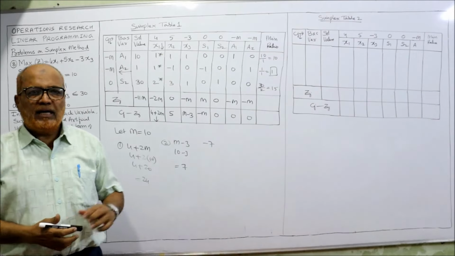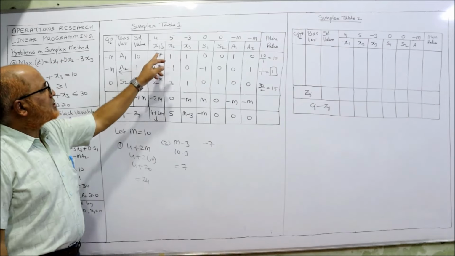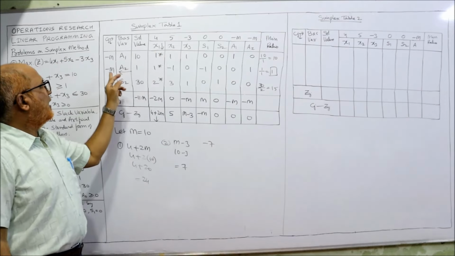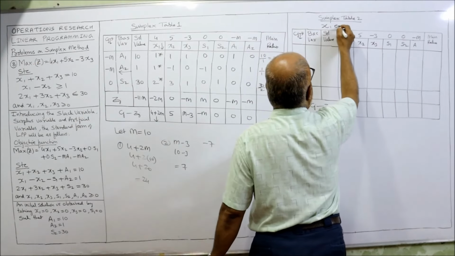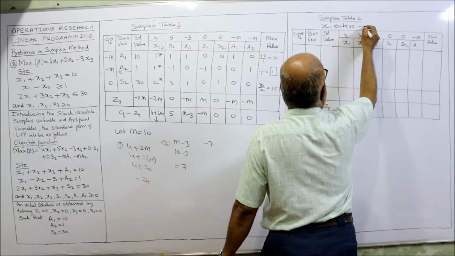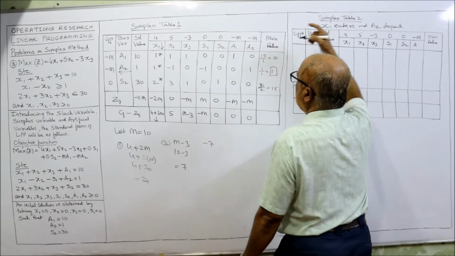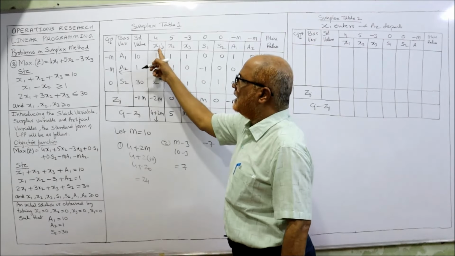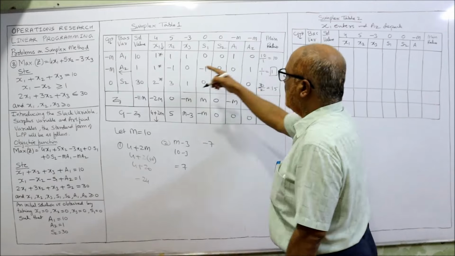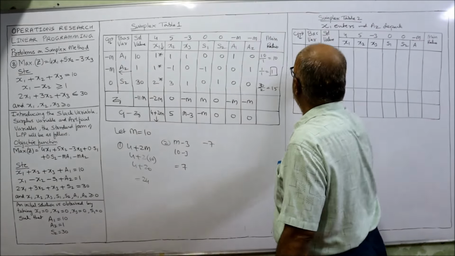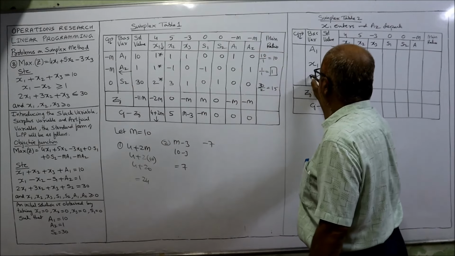So what will happen? In the next table, simplex table 2, x1 will enter and a2 will depart. So here I am writing x1 enters and a2 departs. In place of a2, I am writing x1. Remaining a1 as it is, and third s2 is remaining the same.